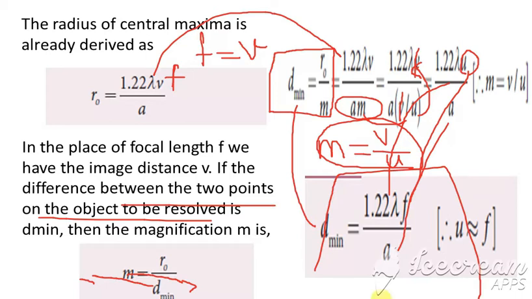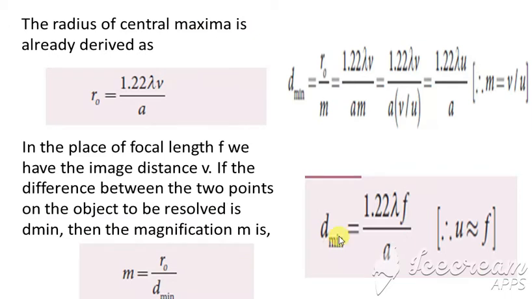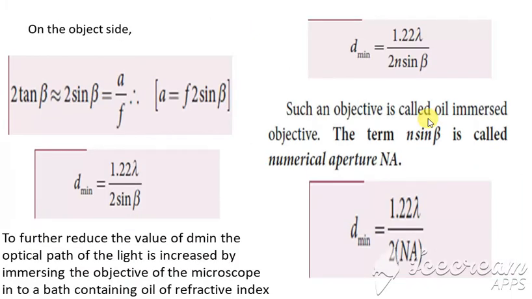So this gives the value of d minimum. Yes, and next, on the other side, we get 2 tan theta which is equal to 2 sine beta, and this is also equal to a divided by f. In the diagram we have this angle as beta, this side as a, and this side as f.